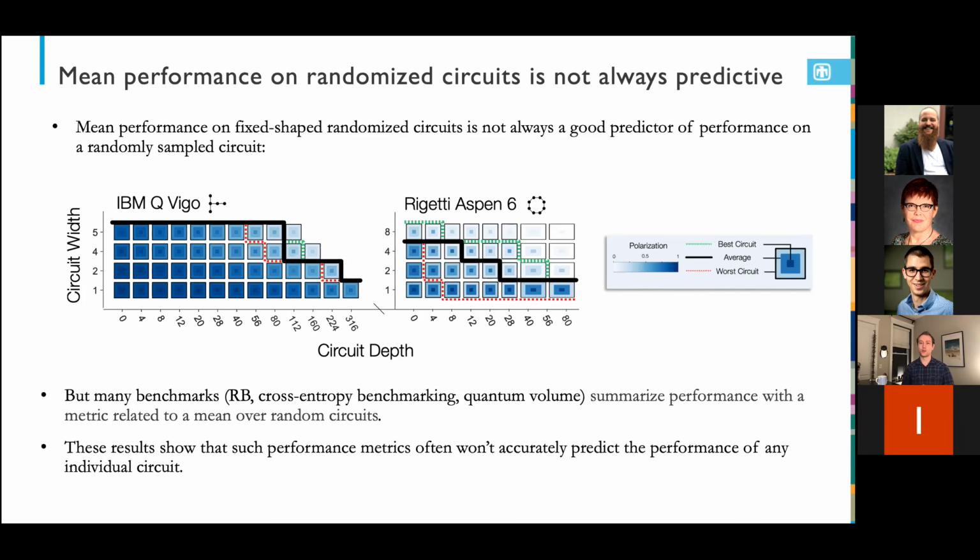And someone giving you a statement about expectation values of how well your circuit's going to perform really isn't that useful generally. If you want to run a specific circuit, you care how well that circuit is going to run. And if you want to know things like that, you really can't be using metrics based on averages over random circuits.